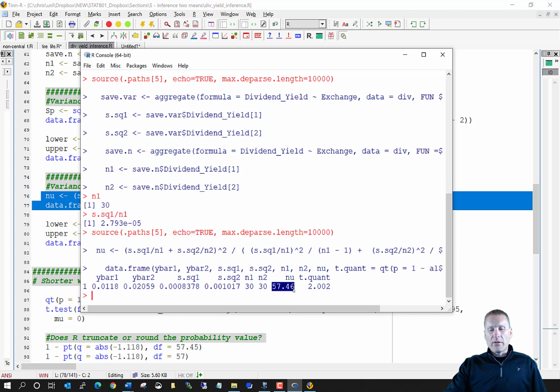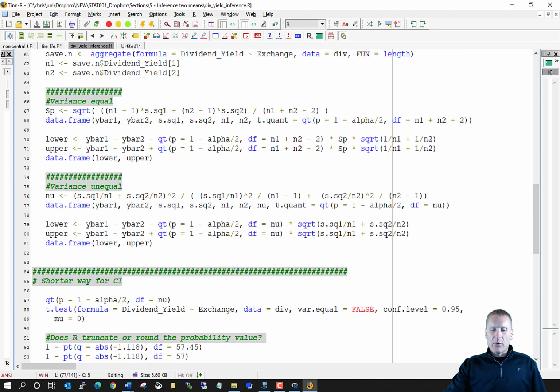Notice our degrees of freedom here is 57.46. The quantile from our t-distribution that we're going to need is 2.002. How did I find that? Well, in the data frame here, I used the qt function to find what I needed.